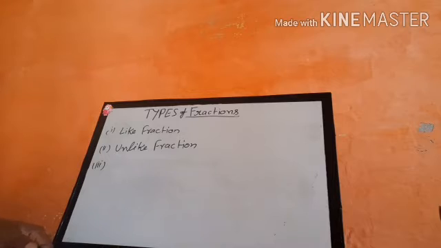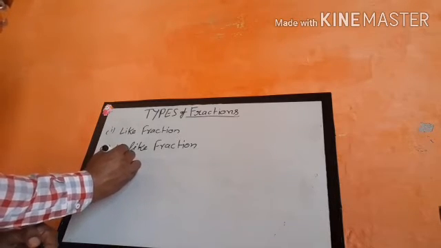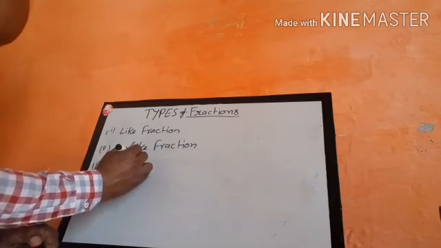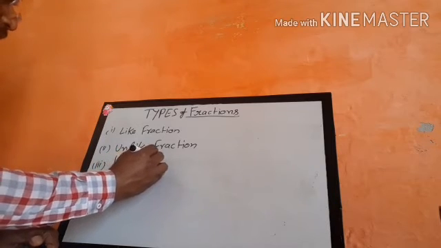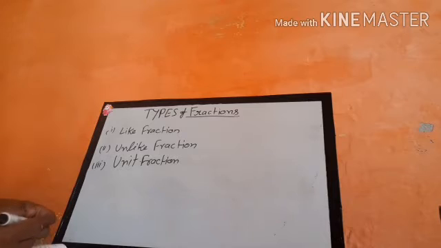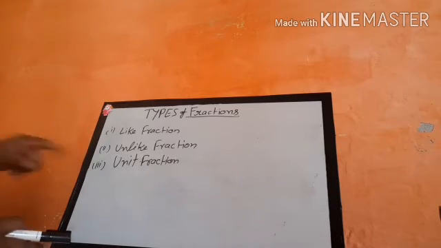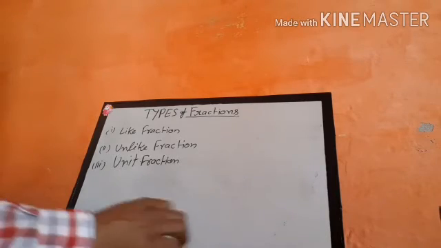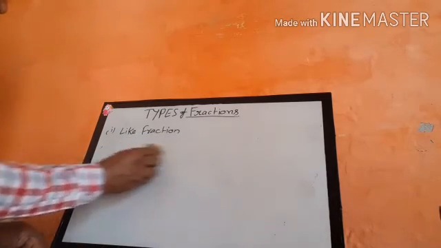And the third is unit fraction. So there are 3 main kinds of fractions: like fraction, unlike fraction and unit fraction. Let's talk about them one by one.